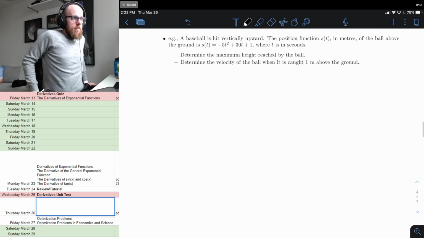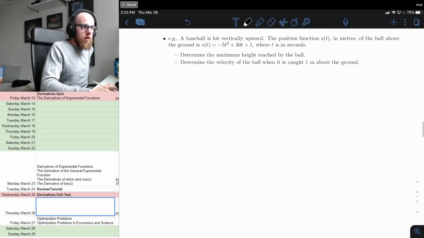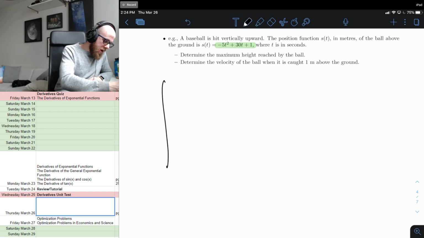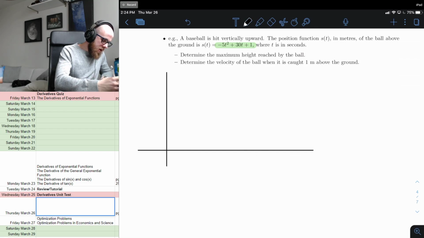Okay, so a baseball is hit vertically upward. We're given a position function, negative 5t squared plus 30t plus 1, where t is measured in seconds. And so let's just see what this thing is doing. So we have a ball, and it's hit upward.